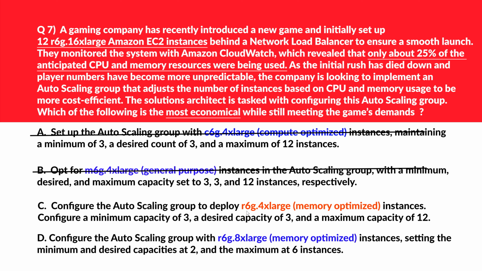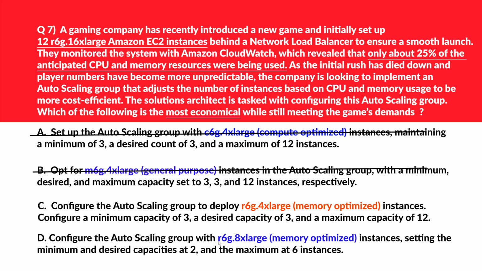Let's now move to option C. Option C uses R6G 4x large memory optimized. Since the company's game is consuming less CPU and memory than expected, downsizing to a smaller instance size while still choosing memory optimized instances allows for cost savings without sacrificing the necessary performance for memory intensive workloads. So this can be the potential answer. Let's park this.